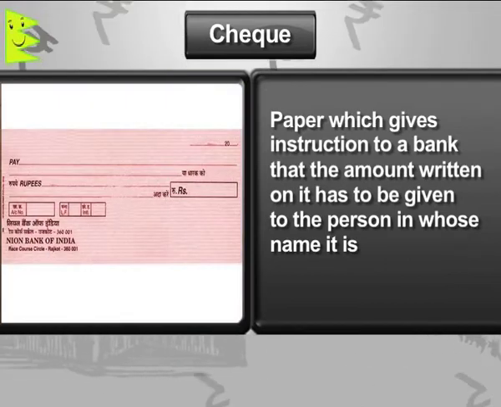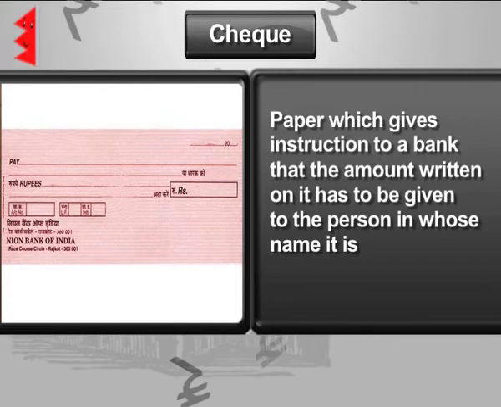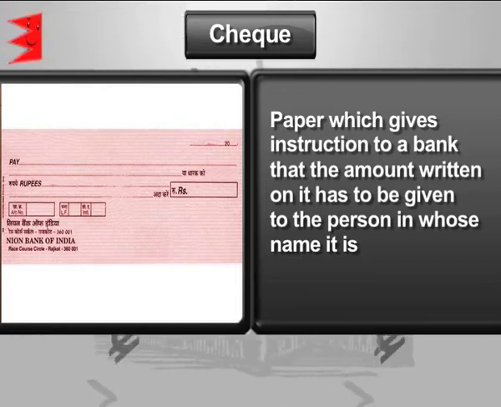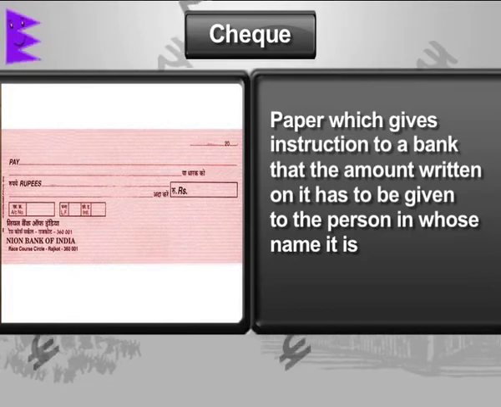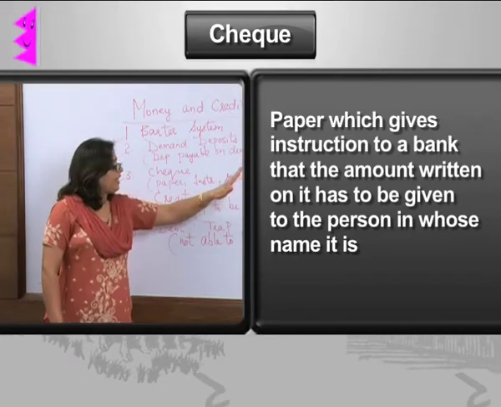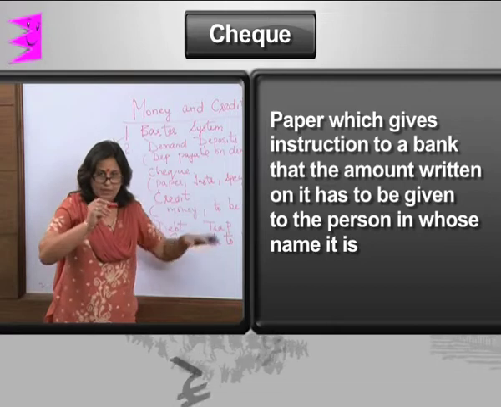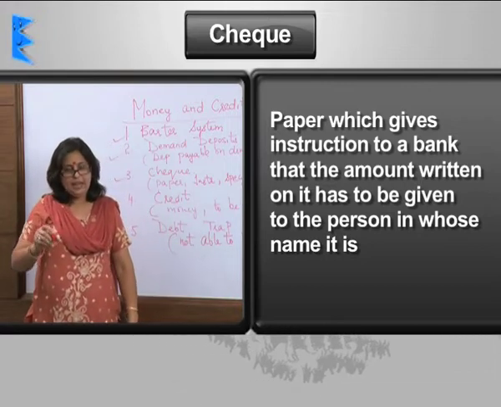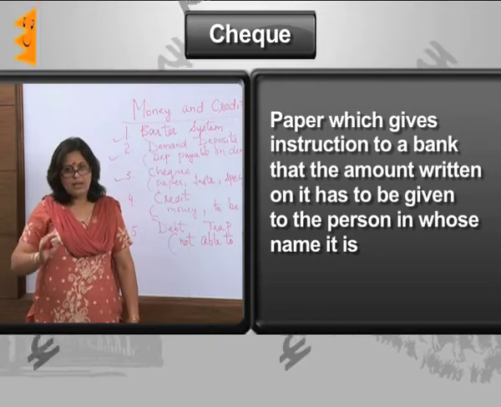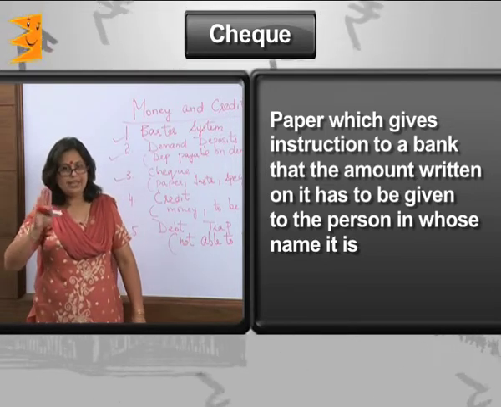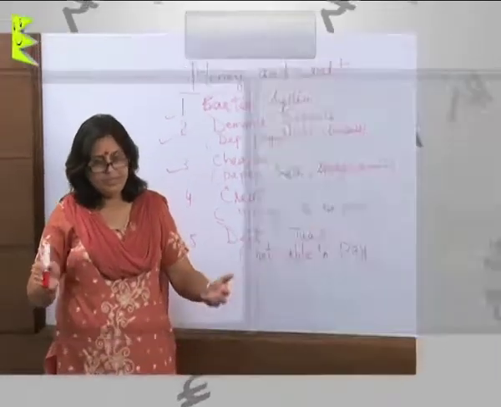Next is the check, and all of you have seen a check. But do you know what a check is? A check is a simple paper which gives instruction to the bank that whatever amount is written on it has to be given to the person or the company in whose name it is. So, very simple.